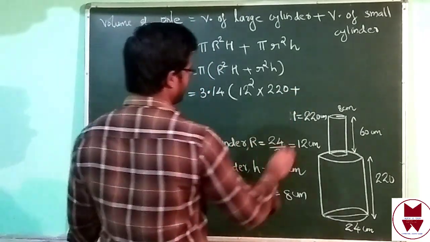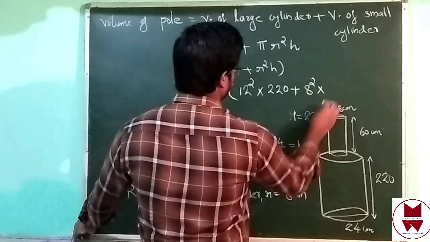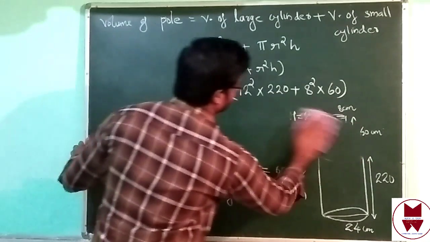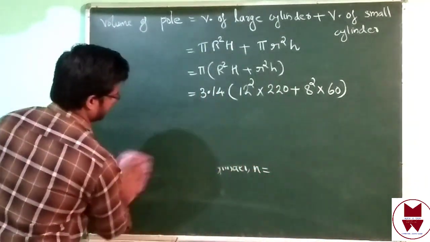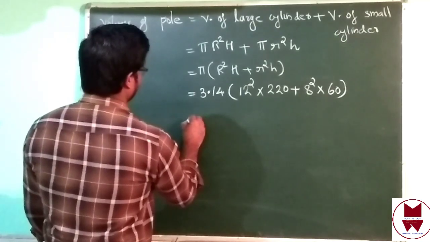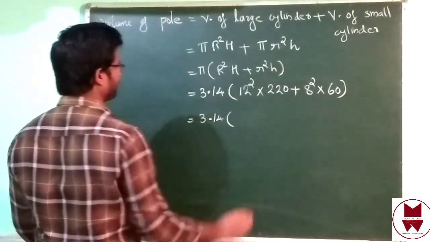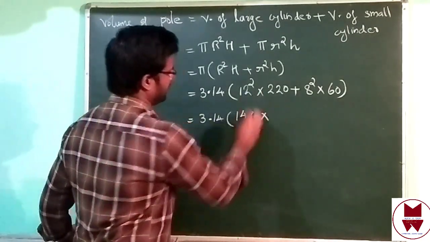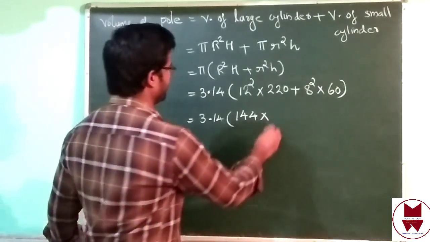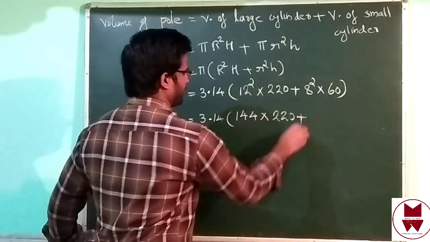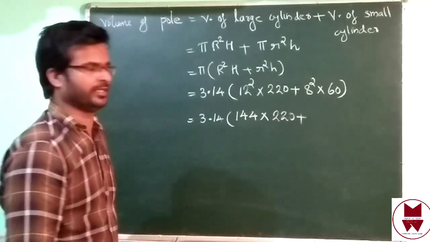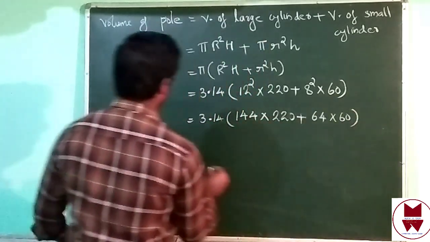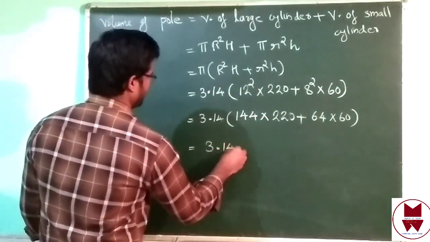Then small r is 8 square into small h is 60. So 3.14 into 12 square, 12 into 12, 144, then into 220, plus 8 square means 8 into 8, 64, into 60.